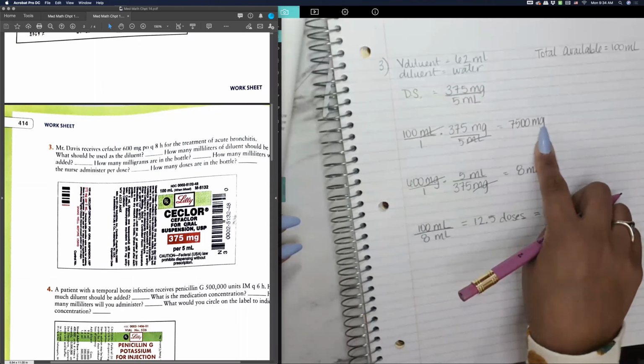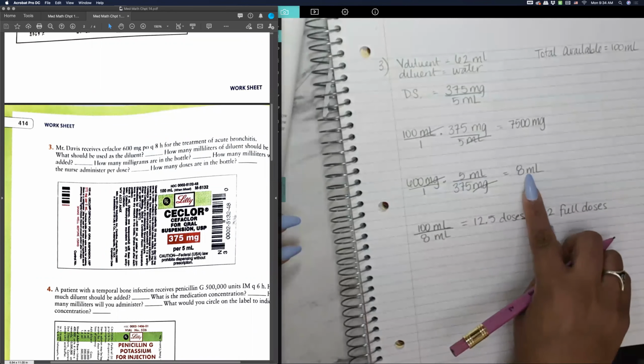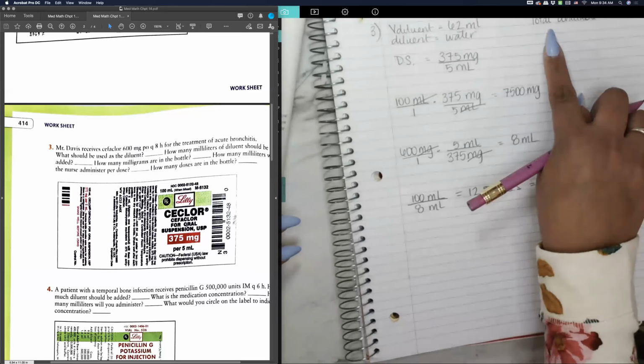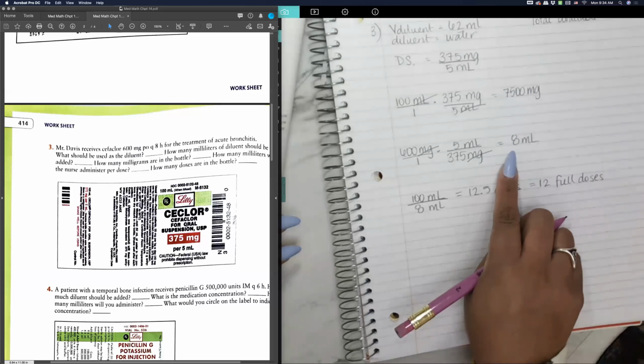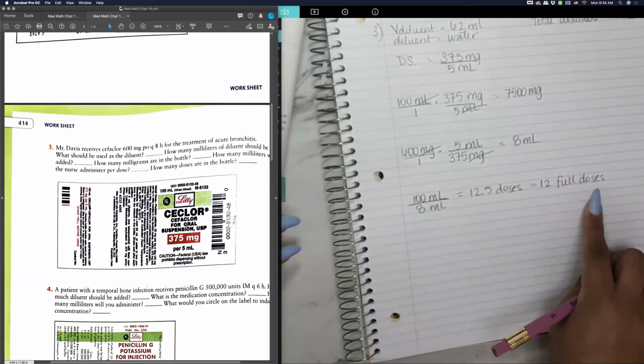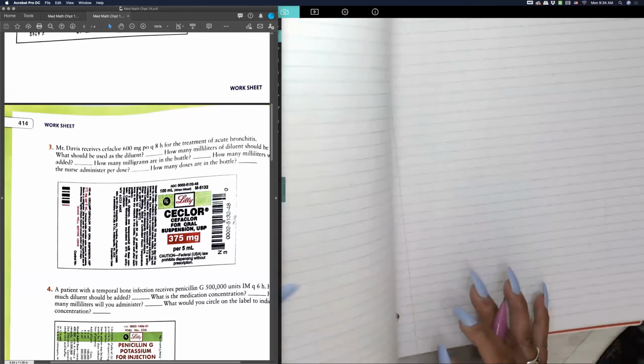How many milliliters will the nurse administer per dose? The nurse will administer 8 milliliters per dose. How many doses are available in the bottle? You take your total available, divide it by your dose amount, and you have 12 full doses available in the bottle. Cool? Got it.